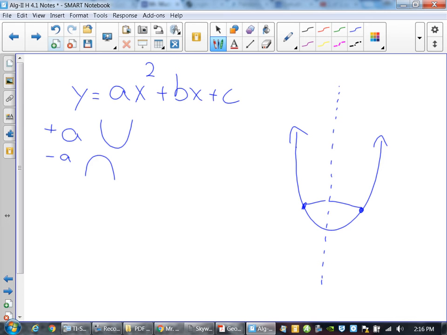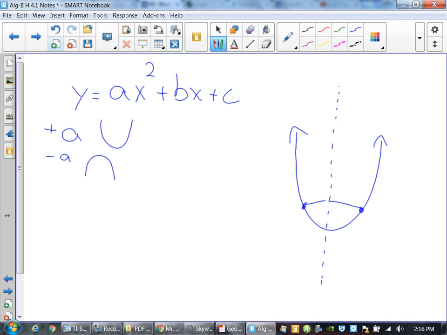Do you remember how to write the equation of a vertical line? Let's hopefully remember this. Be like x equals a number? Yeah, it's always x equals a number. Vertical lines are always x equals a number.